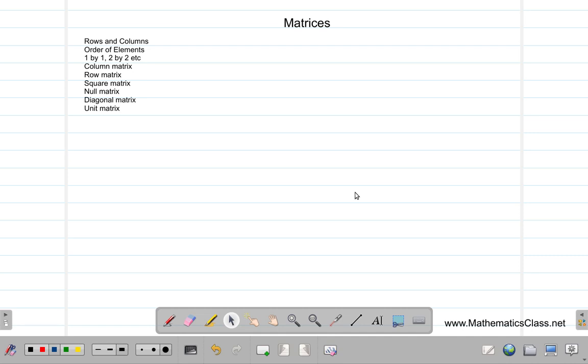Now, here we have a matrix. Let us use letters to represent the elements in the matrix. When you write letters to represent numbers in a matrix, you use lowercase.